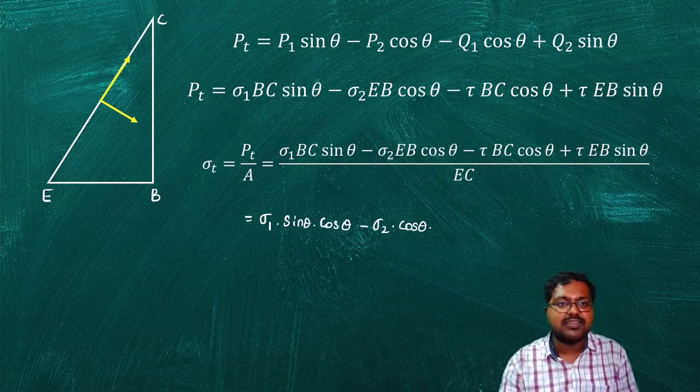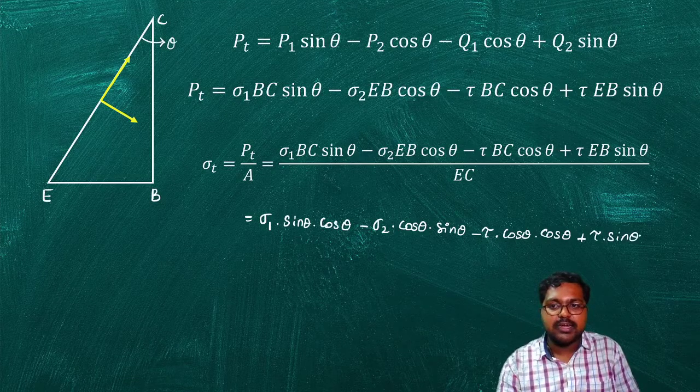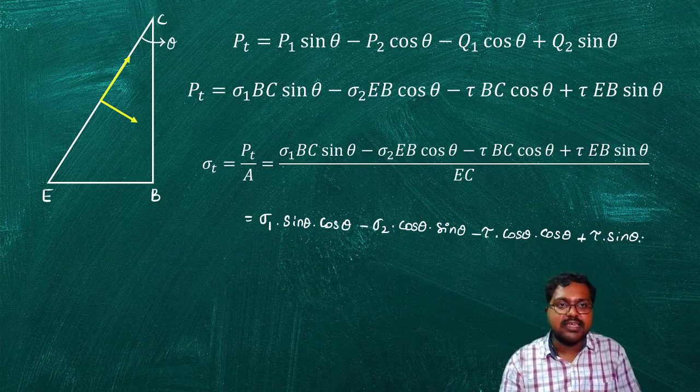EB is the opposite side and EC is the hypotenuse. So here I got sin theta and then minus tau into cos theta into BC by EC. BC by EC is again cos theta plus tau into sin theta into EB by EC. EB by EC is again sin theta.